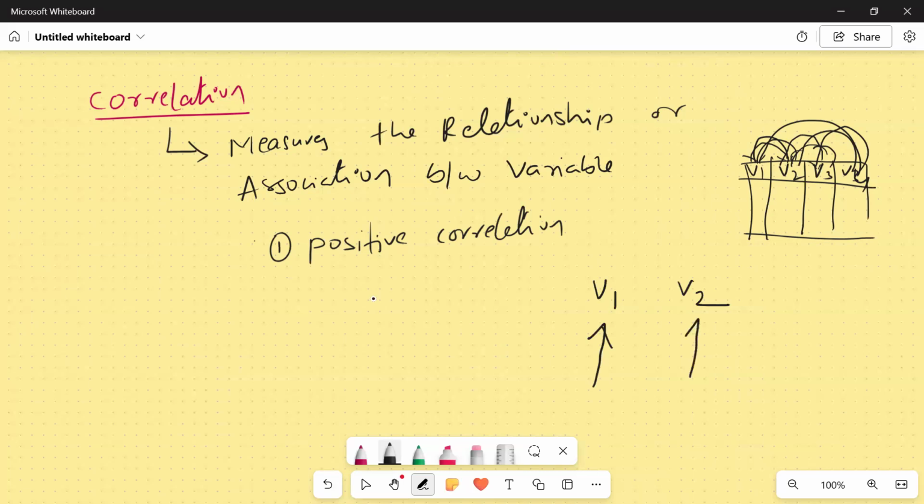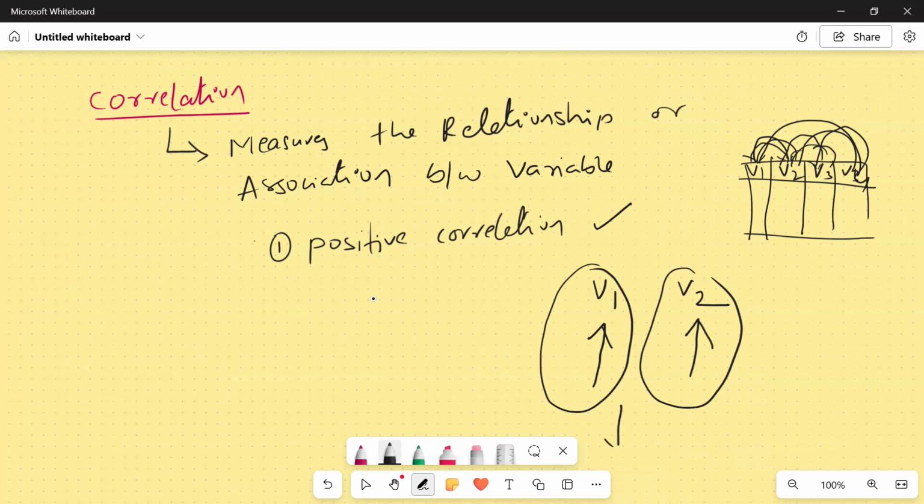If you increase V1, then automatically V2 also increases, and if you decrease one variable, the other also decreases. This situation is directly proportional. That kind of relation we call a positive correlation. Clear?